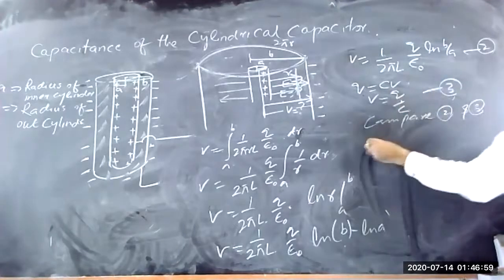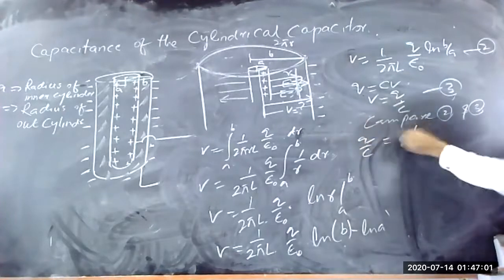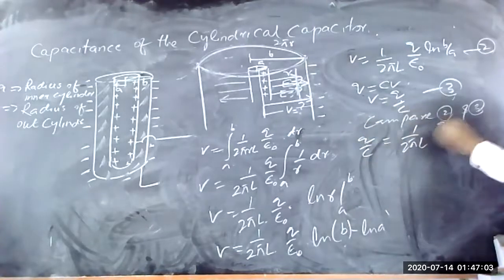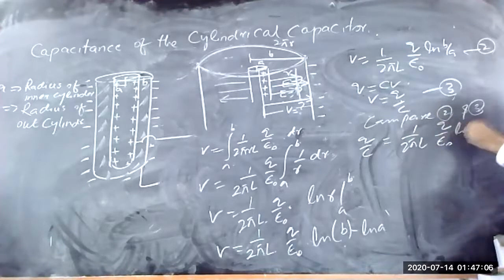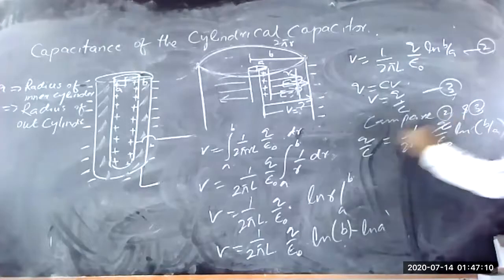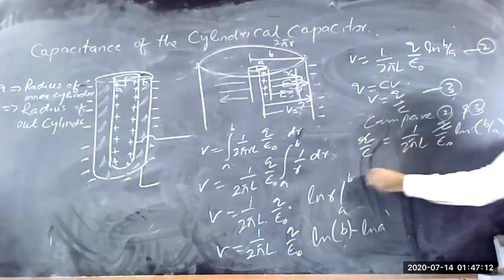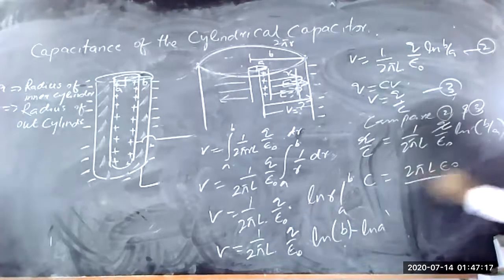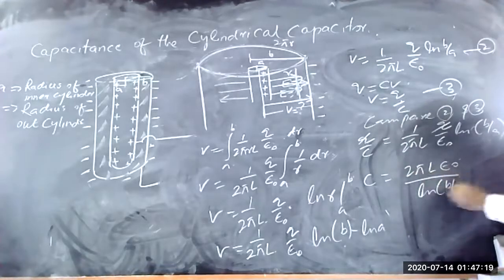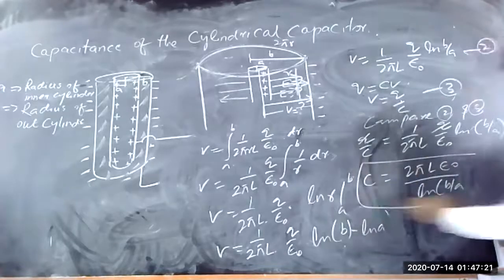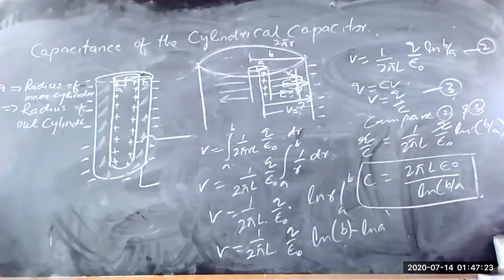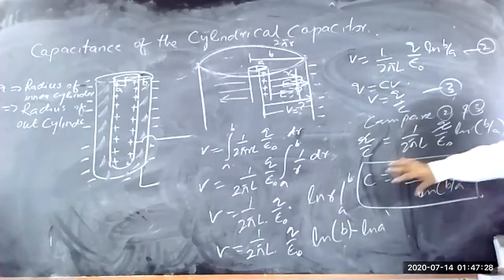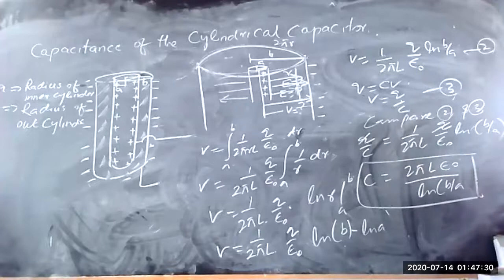So we get Q upon C is equal to 1 upon 2 pi L, Q upon epsilon naught, log of B upon A. If we compare, Q cancels, take a reciprocal, C is equal to 2 pi L epsilon naught upon log of B upon A. This is the capacitance of the cylindrical capacitor. So this is how to calculate the capacitance of the cylindrical capacitor.